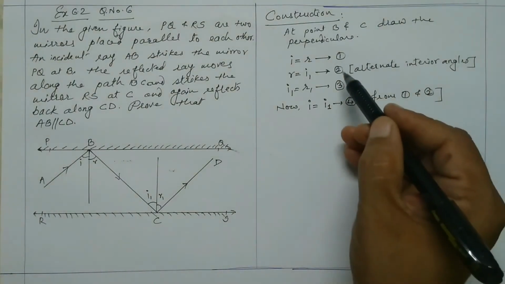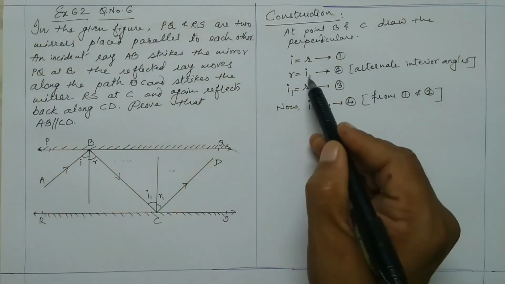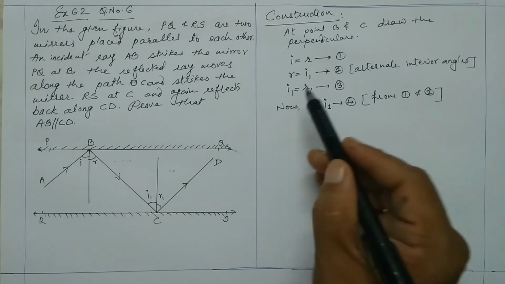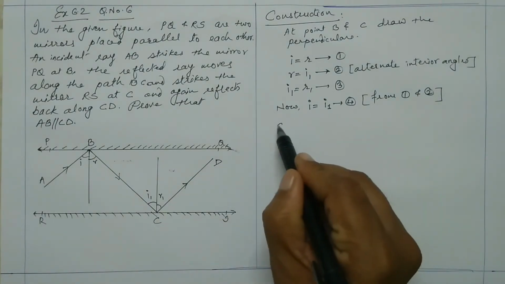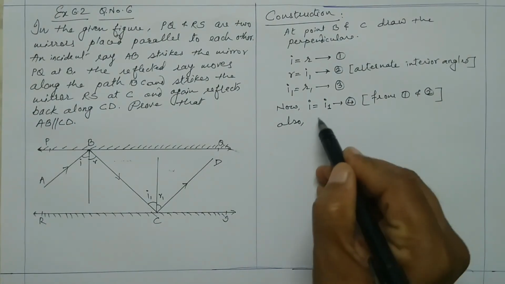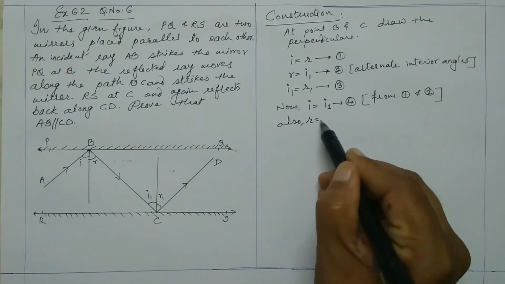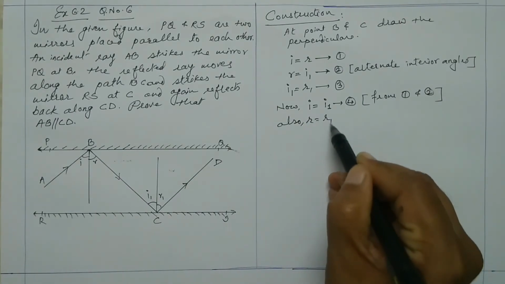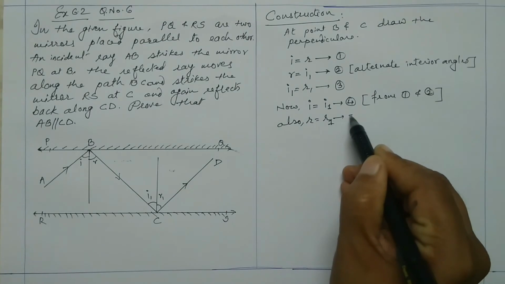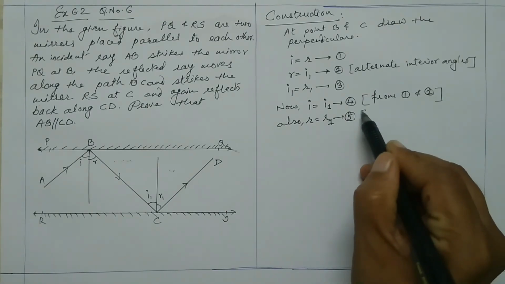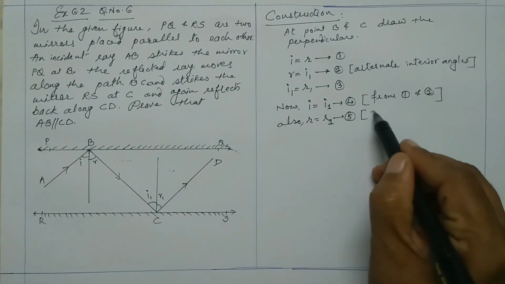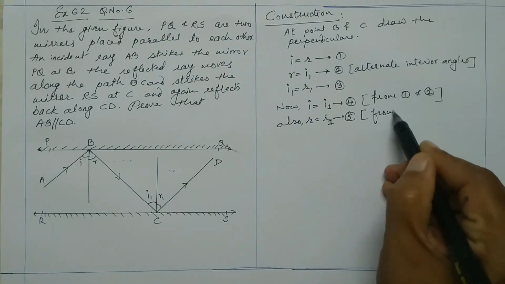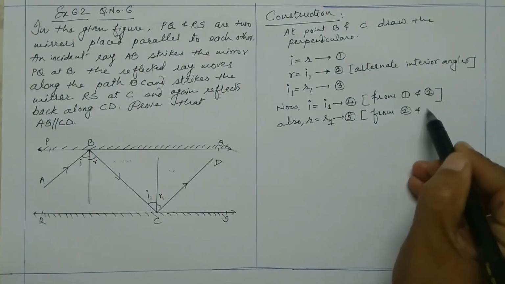Now from 2 and 3, right hand side is I1, left hand side is I1. So R is equal to R1. Call this result number 5. We got this from 2 and 3.